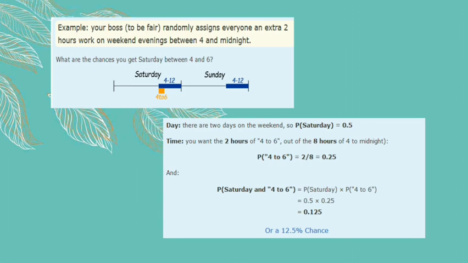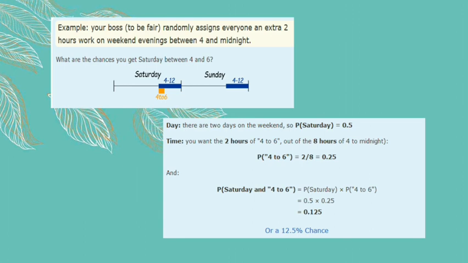There are 2 days on the weekend, so the probability of Saturday equals 0.5. And you want the 2 hours from 4 to 6 out of the 8 hours from 4 to midnight, so the probability of 4 to 6 equals 2 over 8.